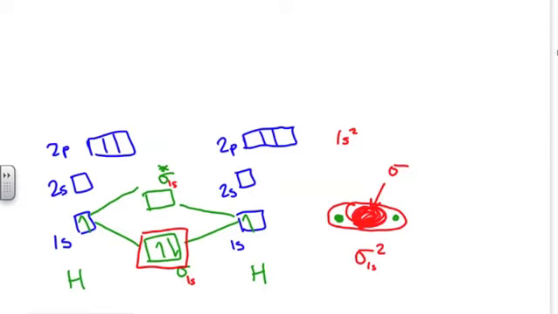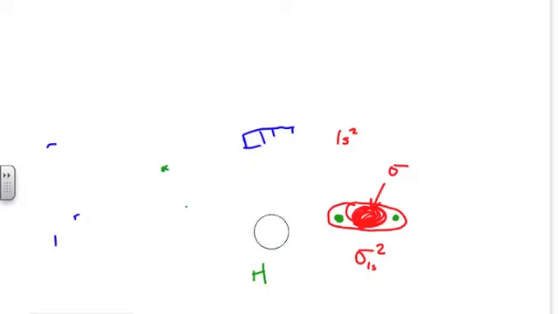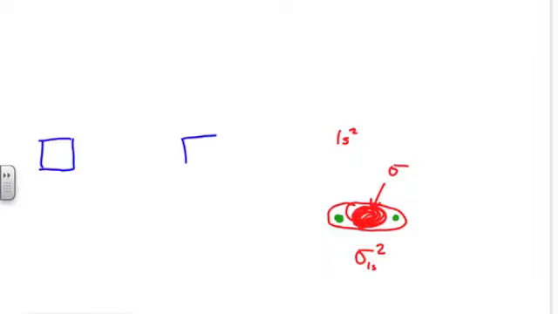Okay, so if we start from scratch, and I'm just going to start with my 1s's, let's now look at helium. So here's this 1s orbital and that 1s orbital, and here's one helium atom and one helium atom.